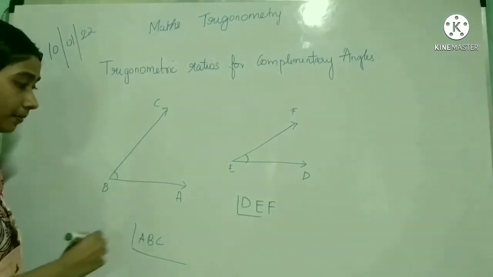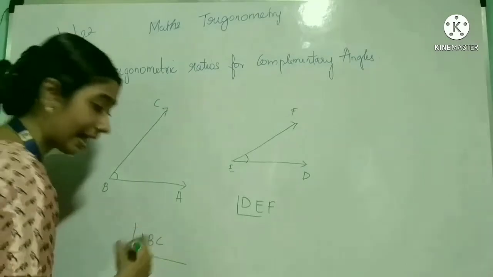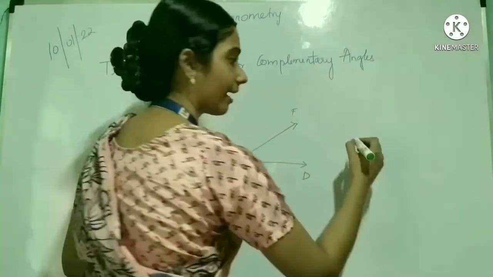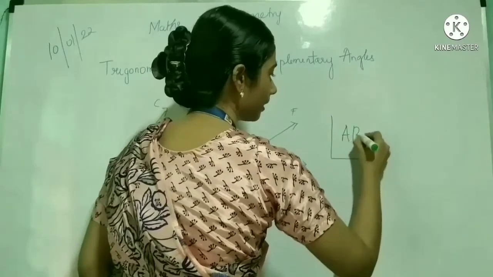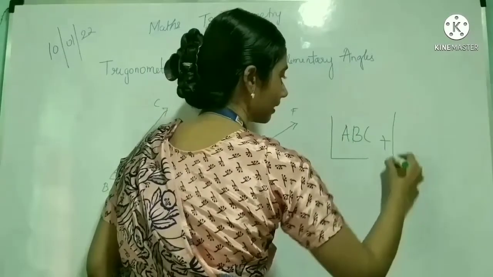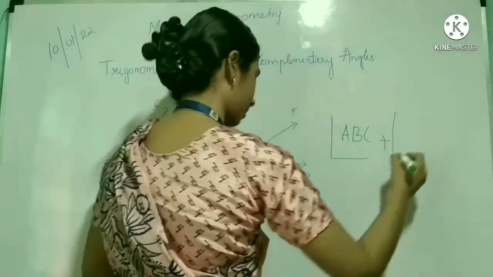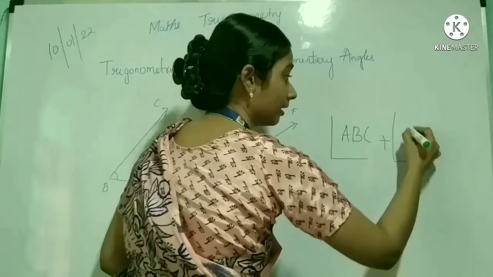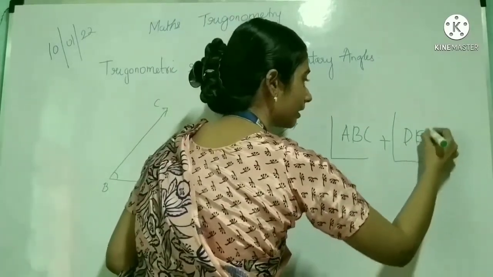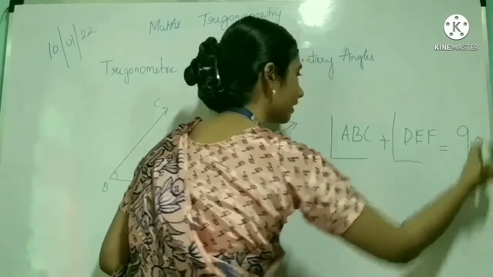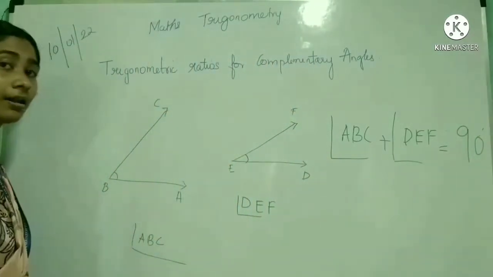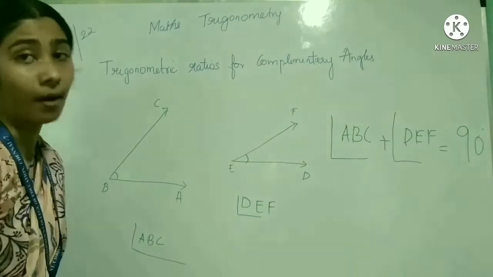When I add these both angles, angle ABC plus angle DEF, if their sum is 90 degree, then we call these angles as complementary angles.